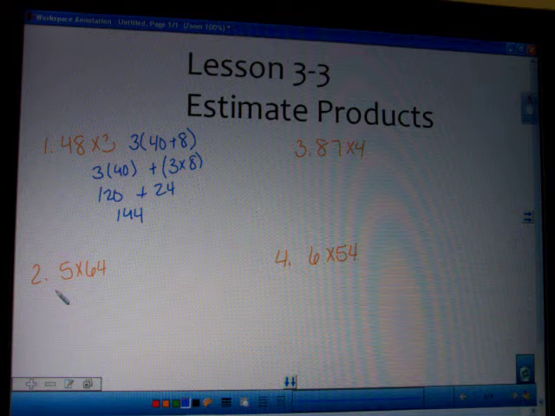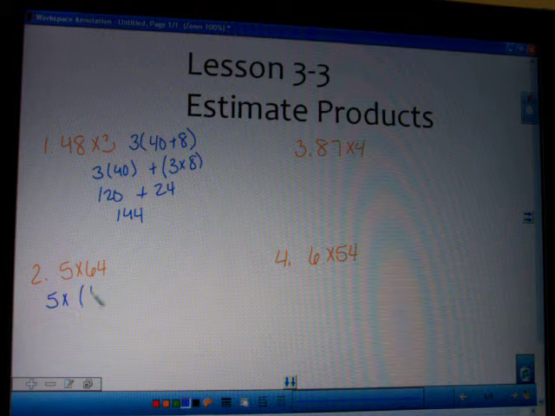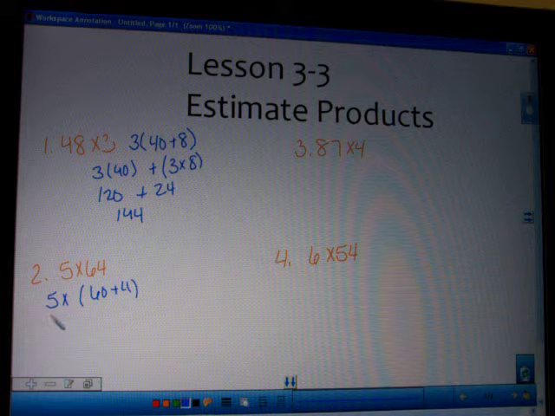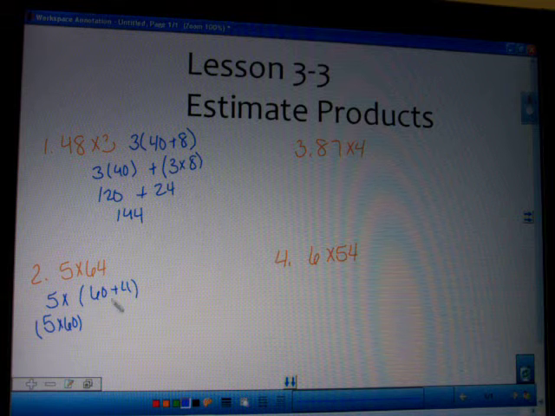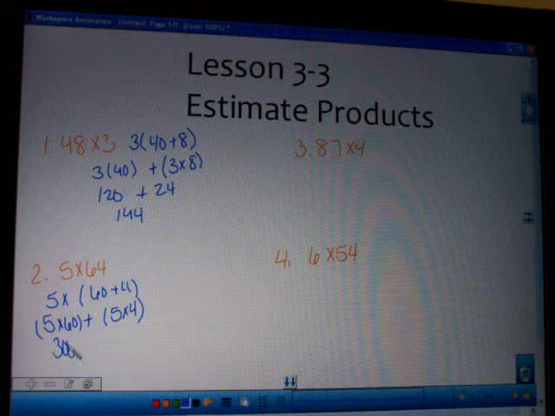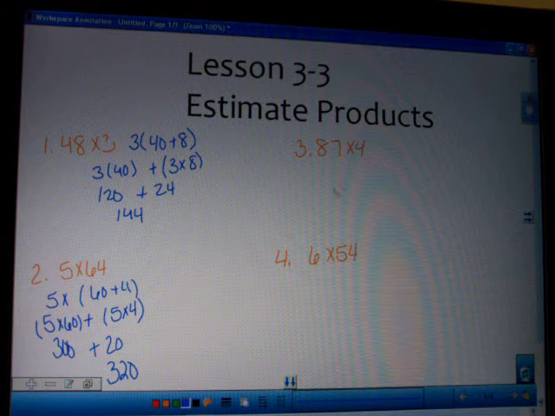Now for number 2, you're going to rewrite this so that it is 5 times 60 plus 4. And then rewrite it so it's 5 times 60 plus 5 times 4. 5 times 60 is 300, plus 5 times 4, which is 20, and that equals 320.